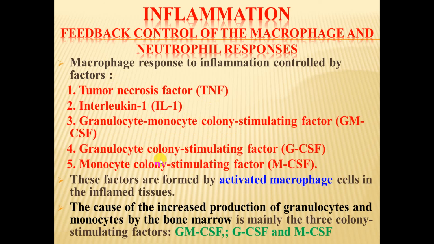These factors are formed by activated macrophage cells in the inflamed tissue. They cause increased production of granulocytes and monocytes by bone marrow, mainly GM-CSF اللي هي خاصة بالgranulocyte monocyte وصلهم G-CSF والM-CSF.